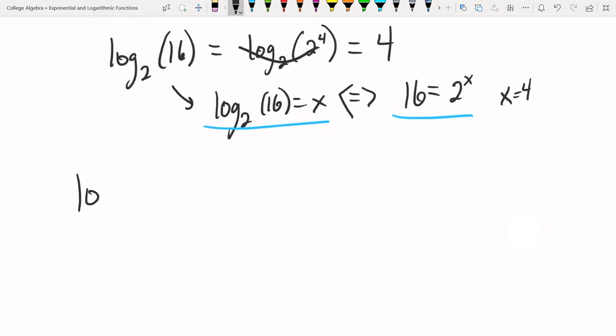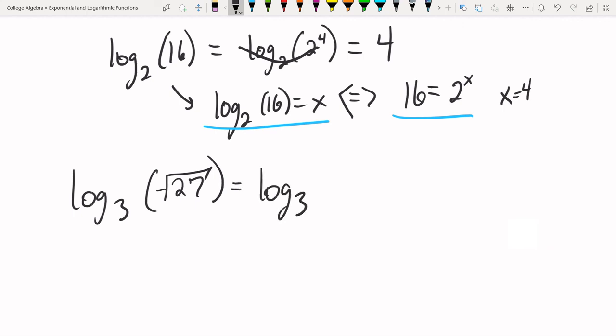Now, let's look at one that's a little bit different. Log base 3 of the square root of 27. I can rewrite this as log base 3 of 27 to the 1/2 power. Square root is the same thing as 1/2 power.